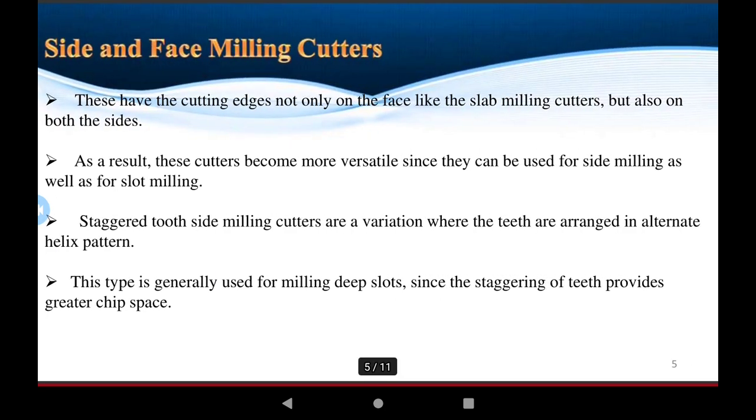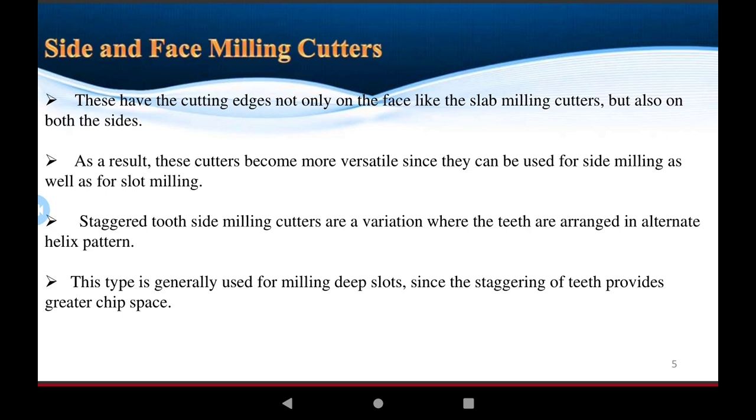The side and face milling cutters have cutting teeth not only on one face like the slab milling cutters, but also on both of the sides.